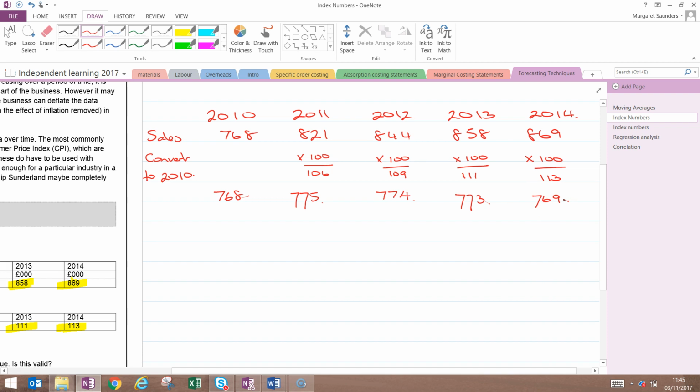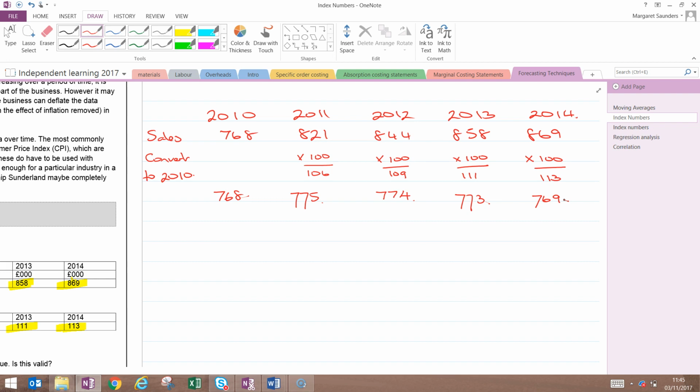Because we decided to deflate all these figures, so take away the effects of inflation and convert them all to 2010 prices, so as if those sales had happened in 2010, we are multiplying each figure by the index for 2010.